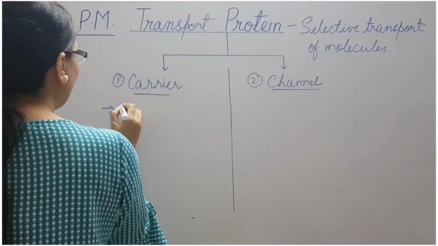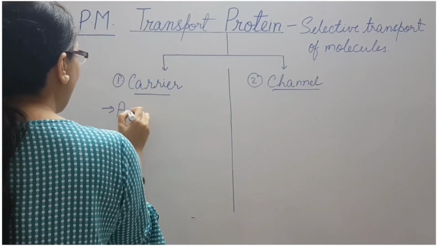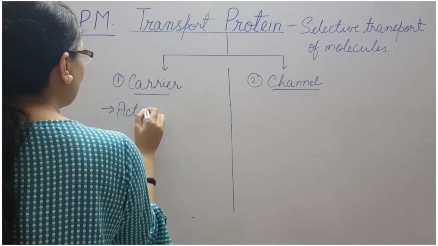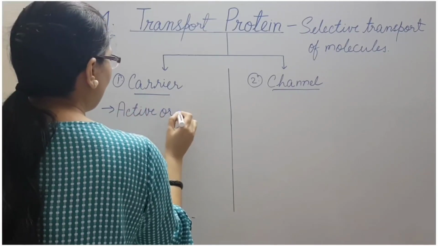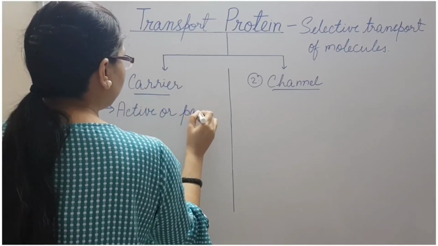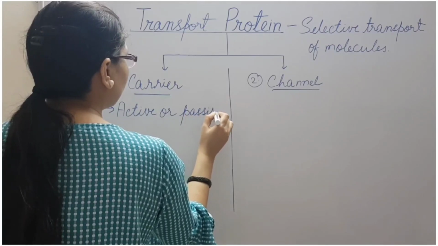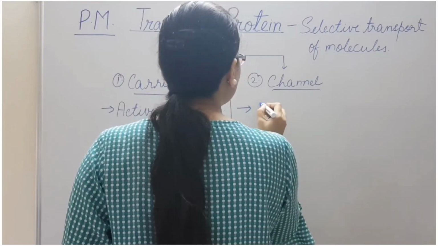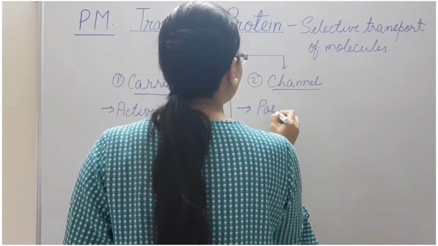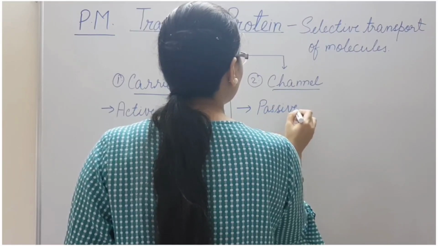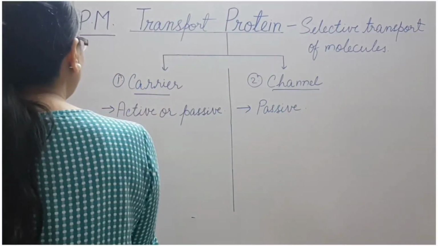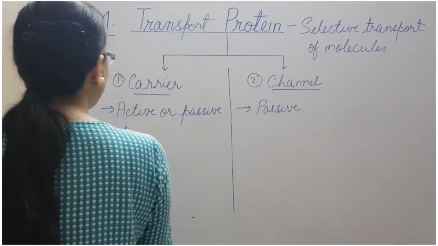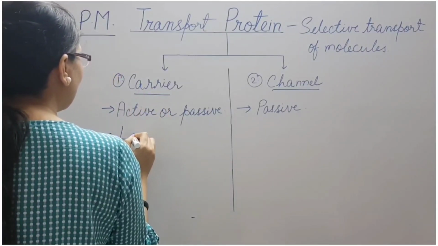Transport through carrier protein is active or passive. Transport through channel protein is passive. In case of carrier protein, rate of transport is less.